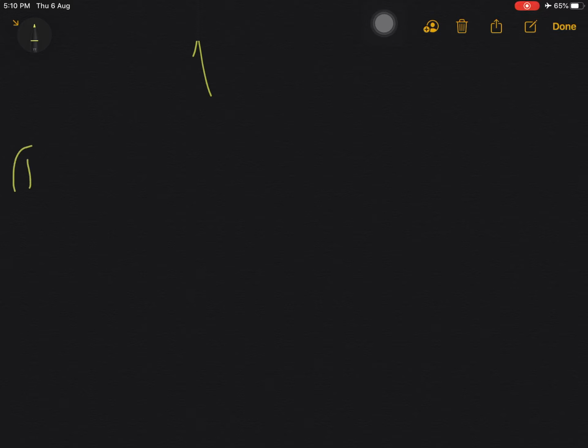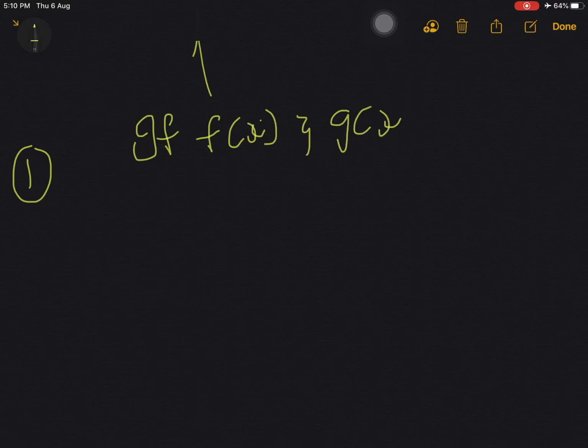First, the condition we take: let f of x and g of x be two functions, with limit of f of x equal to L and limit of g of x equal to M. We are just assuming that.